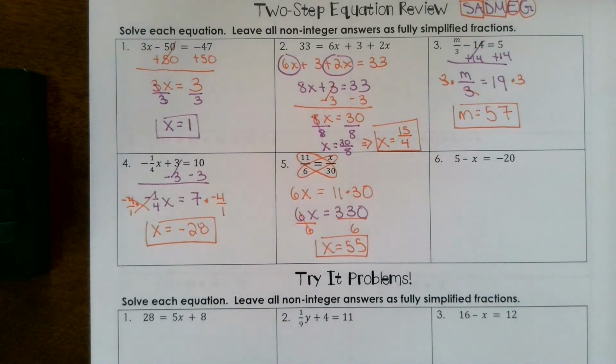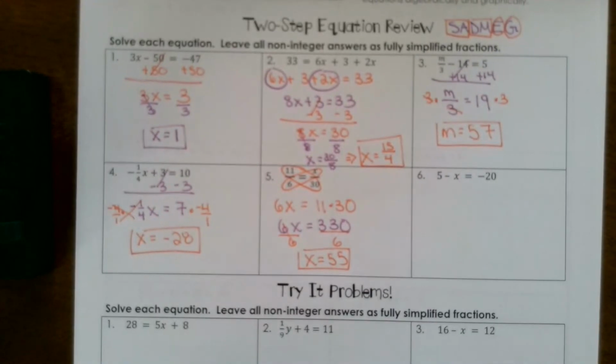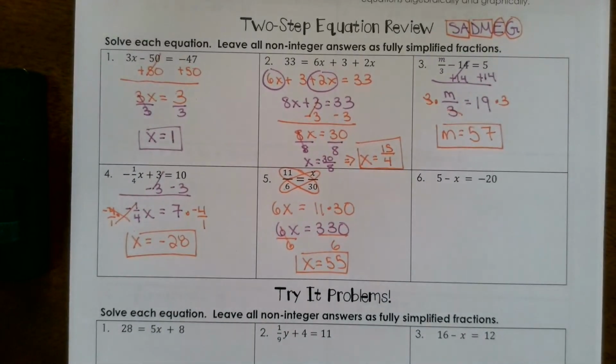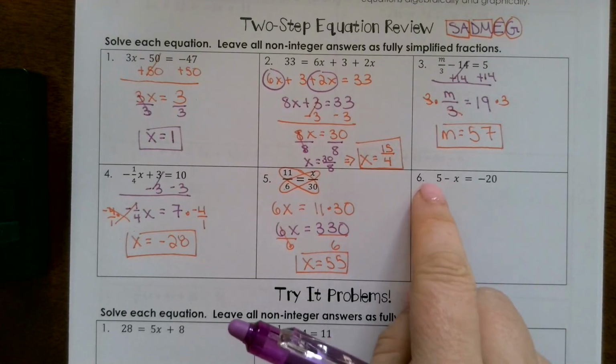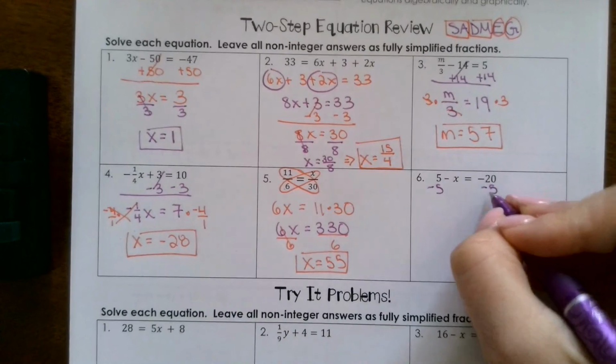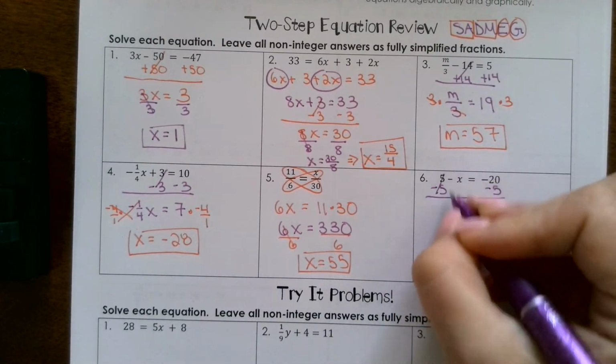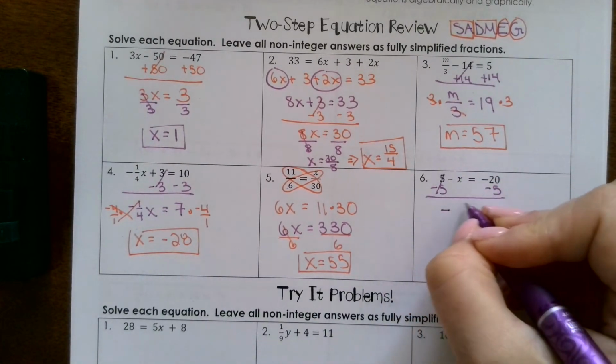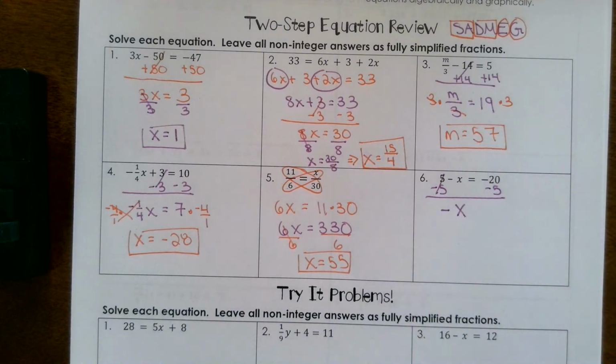Last one in this video is number 6. 5 minus x equals negative 20. Addition, subtraction first. This is a plus 5, so I'm going to subtract 5 from both sides. This subtraction sign comes down with the x.